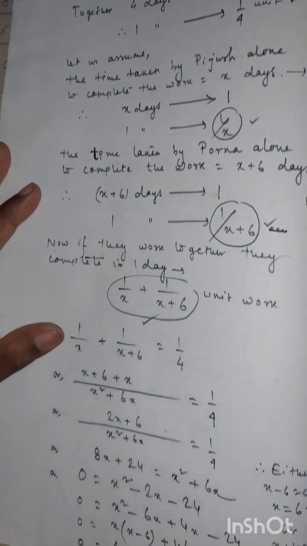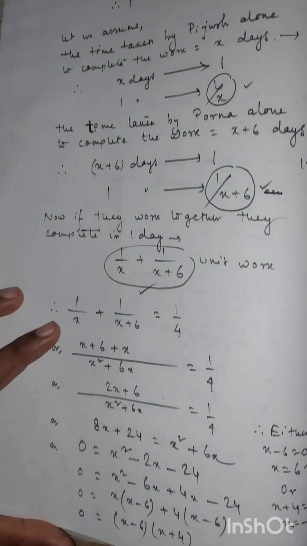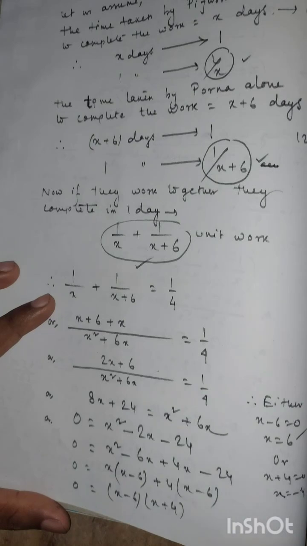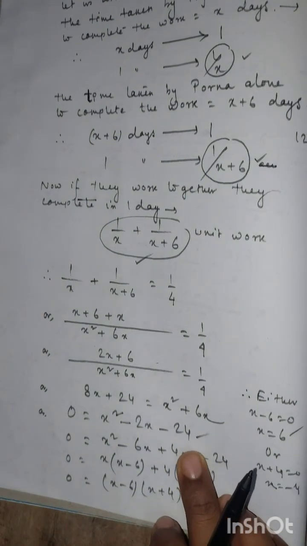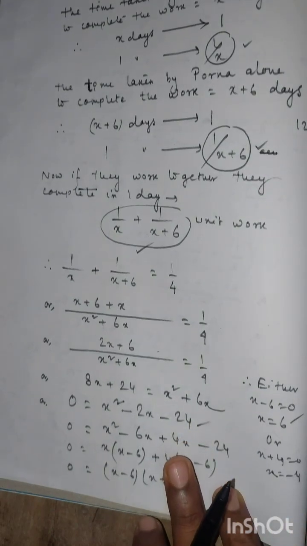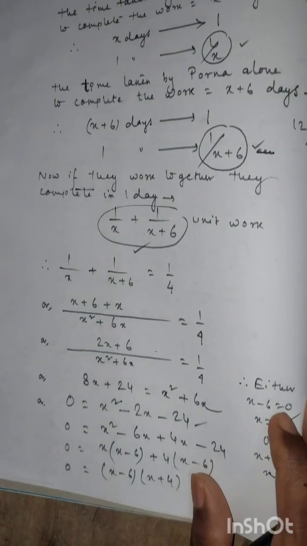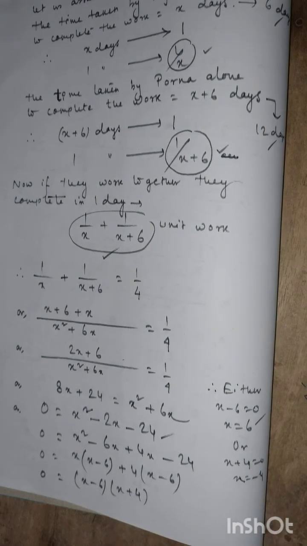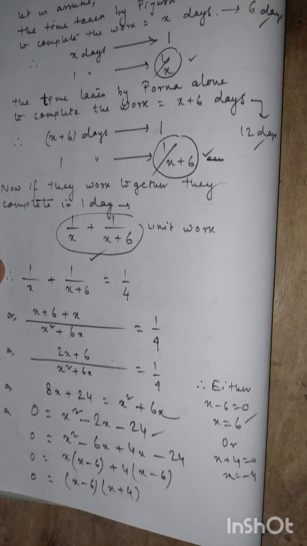Now if we solve this equation, we will get this equation, and after that by using middle term factorization we get two factors. So from this we are getting two values of x, 6 and -4. We cannot take -4, we can take x equal to +6.